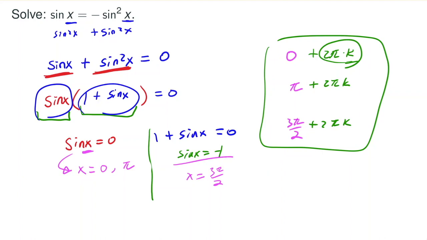So all the infinite number of answers we have are coterminal to 0 radian, pi radian, 3 pi over 2 radian. So these three expressions are the answer to this equation. Any of these angles will make this equation true. So when the restriction is not given, we always have to add 2 pi k to each of the answers we find on the unit circle.